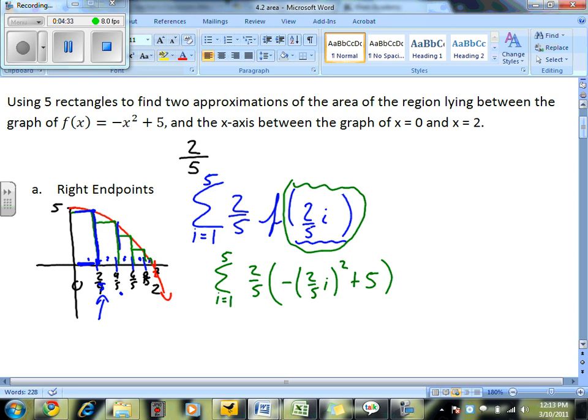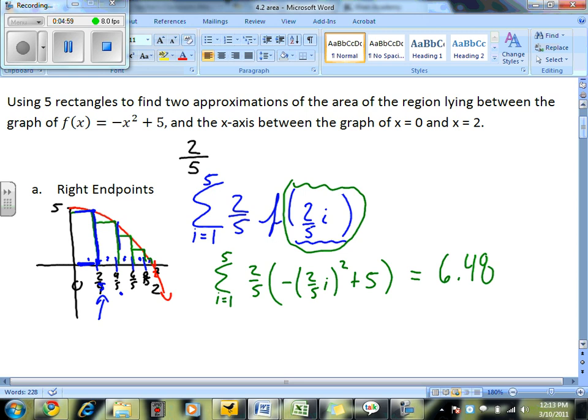Well, we can figure out that summation then. We just pick 1 for i, plug it in there. We'll get 2/5, square it, add it to 5, take it times 2/5, write it down, and then we'll add it to when we plug 2 in there, and 3, and 4, and 5. Well, I've done a little pre-work for us. When we add all these up, we'll get 6.48.